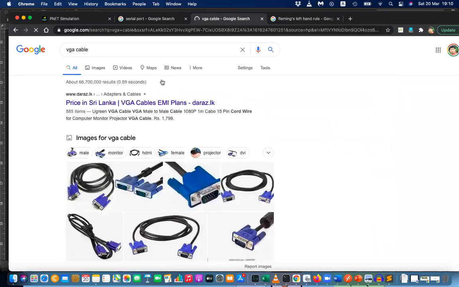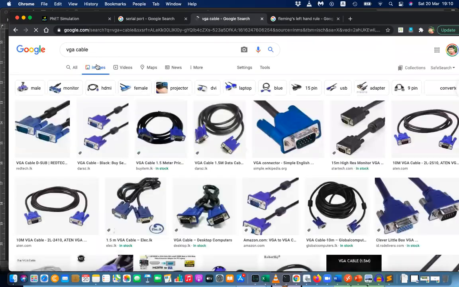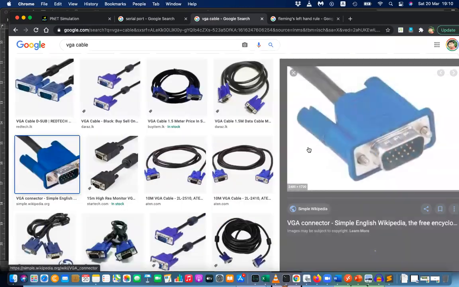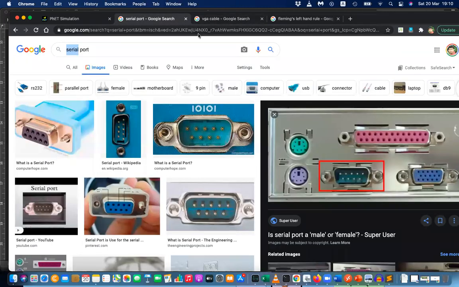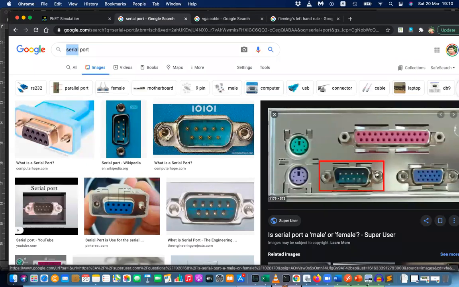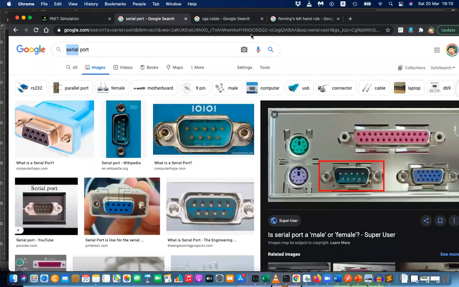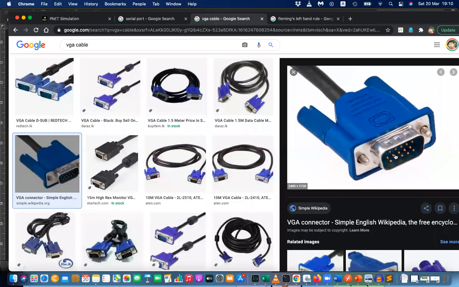You can see the VGA cable is a male cable. I have seen some students connecting this male cable to this serial port. So the VGA cable is a male.